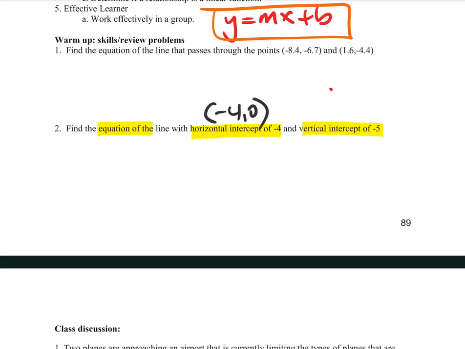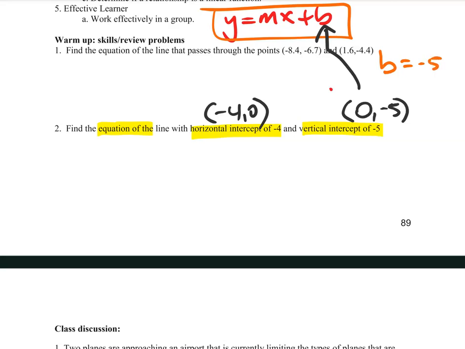And vertical intercept of negative 5, that is when x is 0. So this is (0, -5). So if this is (0, -5), that is already your b, the y-intercept. So we already know that b is equal to negative 5.